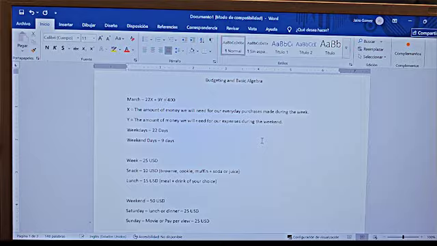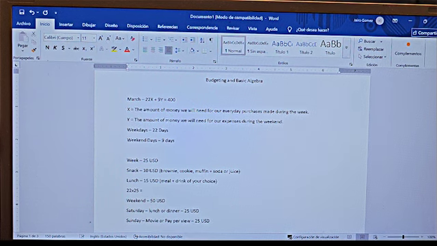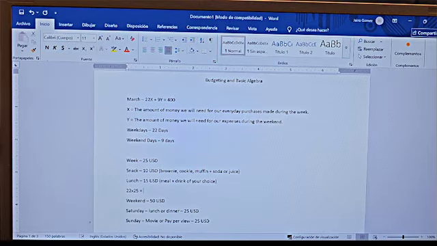So going into our initial equation, that means that during the week, you're going to spend, in March, 22 times 25, and that's equal to $550.